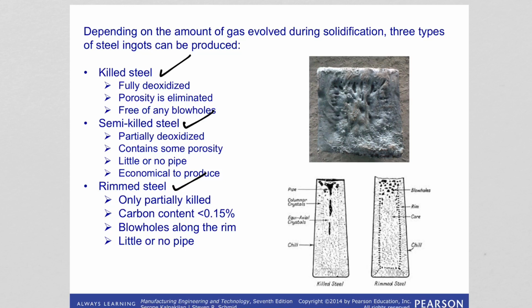Since these elements have an affinity for oxygen, they react with the oxygen in the molten metal and form metallic oxides. And of course, these are then removed with the slag.